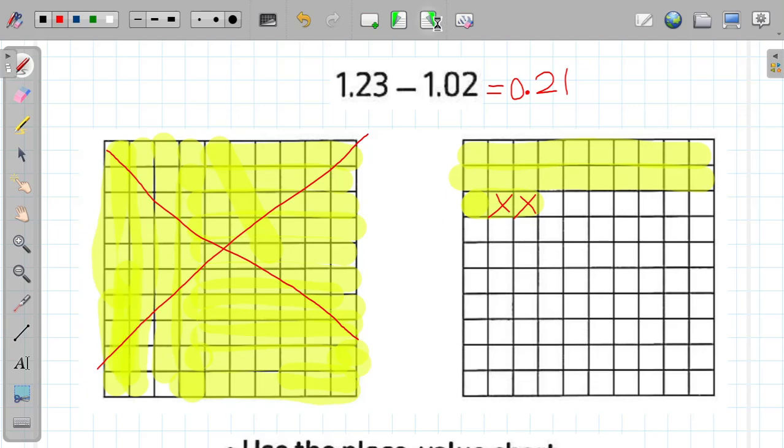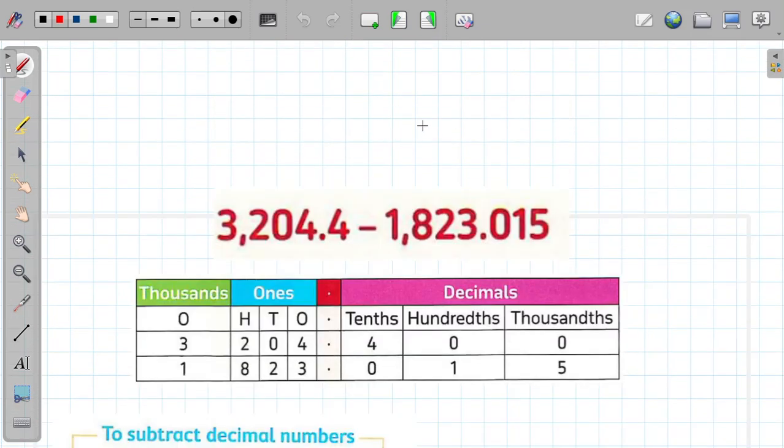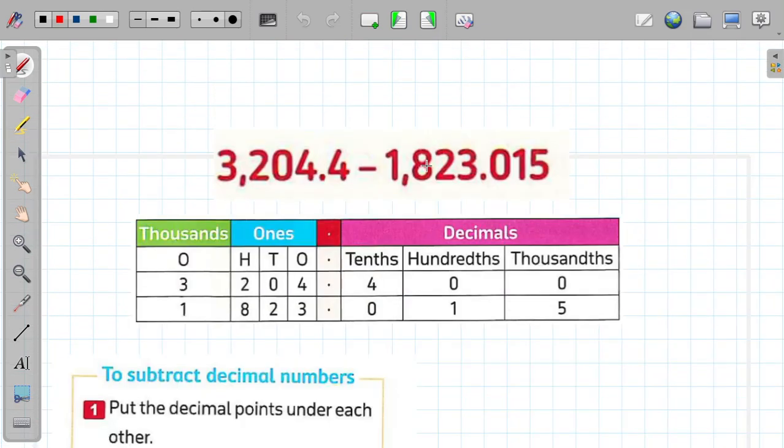So if I have a large number like this, okay, I have 3204.4 minus 1823.015. Look at the place value chart here.